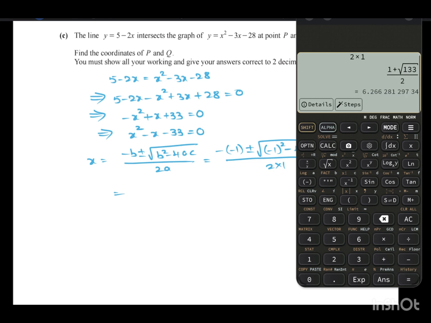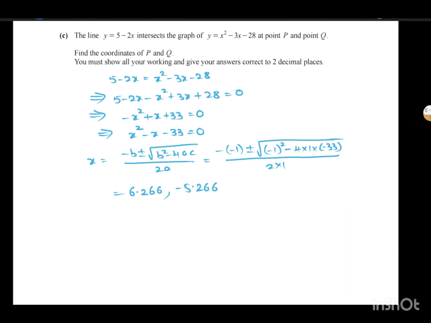So the answer is 6.266. 6.266 is the x value when I have taken plus. Now when I want to take it as minus, if I take minus, I get minus 5.266.